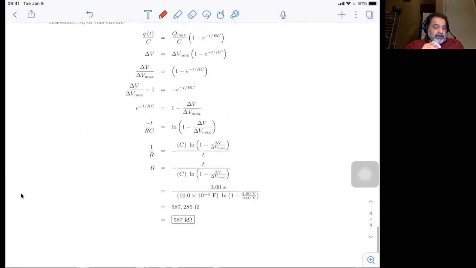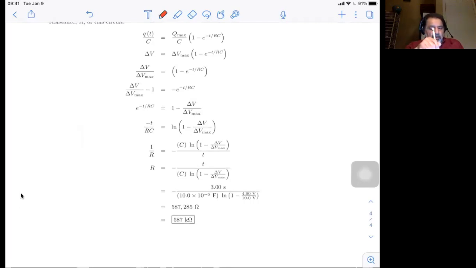And now if we take the natural log of both sides, well, the natural log of e to the a is a. So we're going to get minus t divided by RC equals the natural log of 1 minus delta V over delta V max.